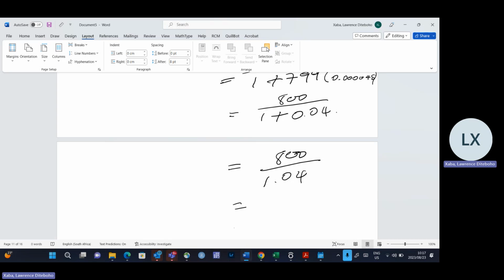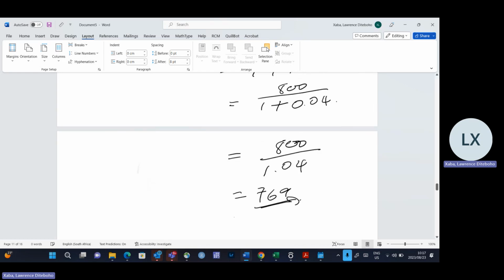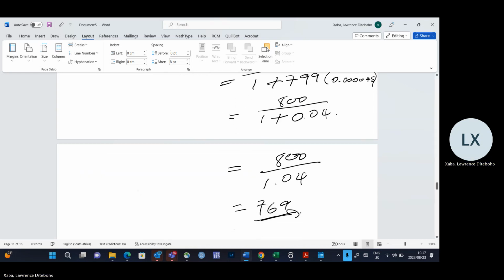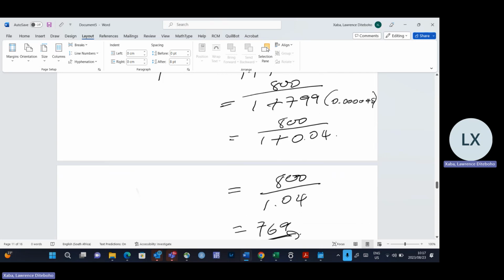We get 769. I don't know, maybe there's something with the rounding there. But let's look at our rounding properly.